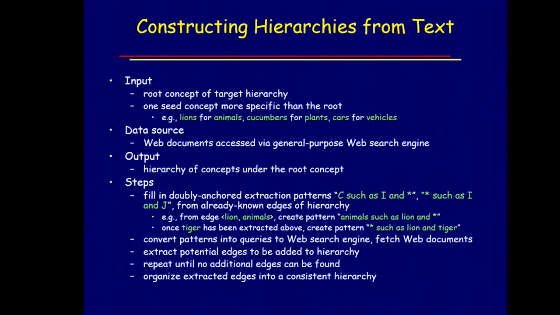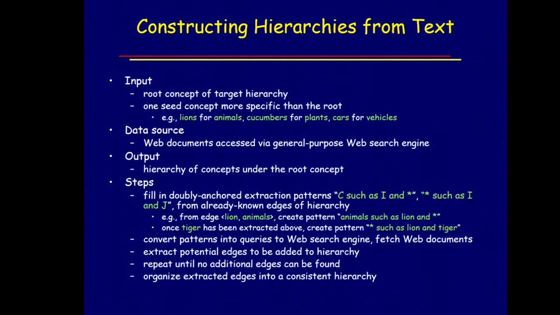And again, instead of "C such as I", so class such as instance, you have "C such as I and J". You have two items. And she would replace one of the elements with a star, a wildcard, and that's what she's after, filling in these wildcards in these double anchored patterns.